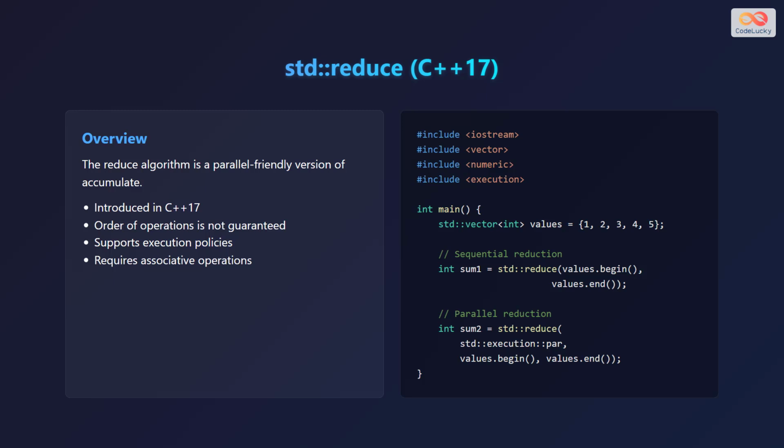For a parallel reduction, declare an integer variable named sum2 and assign it the result of std::reduce, passing std::execution::par, values.begin, and values.end as arguments. This code demonstrates both sequential and parallel reduction of the values vector using std::reduce.